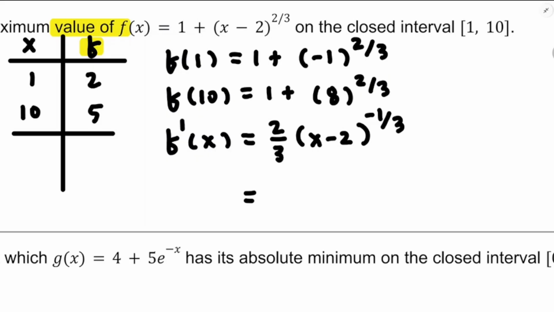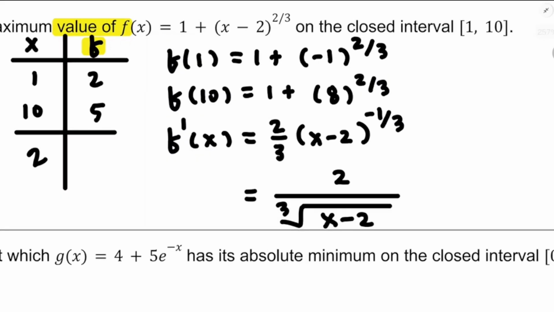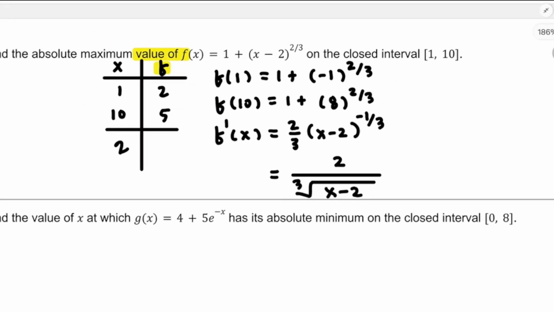Maybe I should rewrite that. If I write it like that, you can see if x equals 2, then the derivative doesn't exist. We've got division by 0 on the derivative, making that a critical point of f. So I'm going to need to check the value of f of 2. 1 plus (2 minus 2) is 0 to the 2/3.